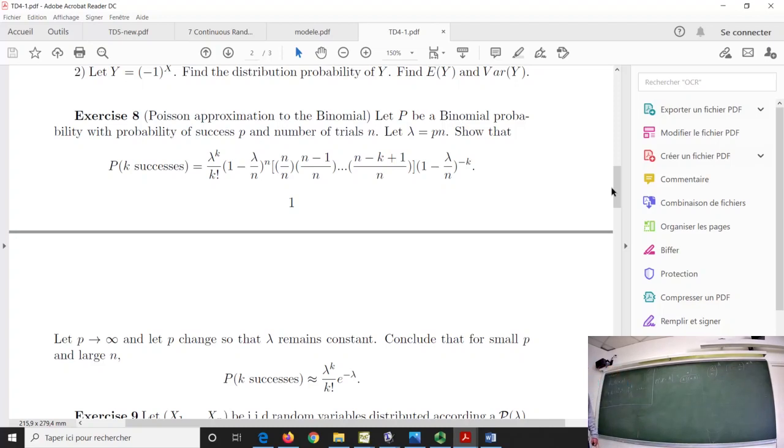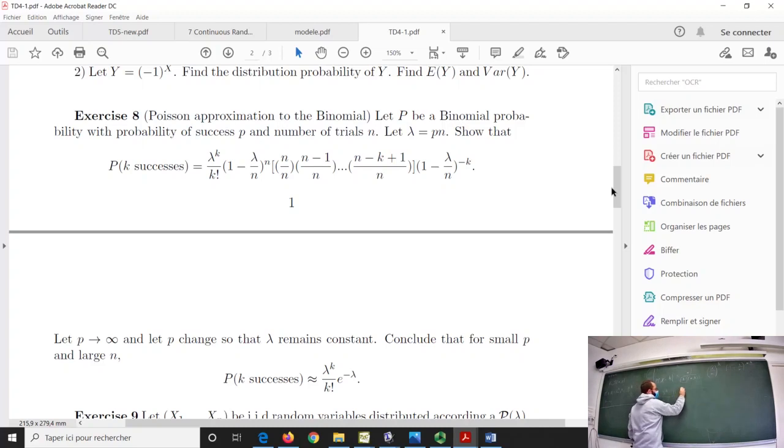For the other ones, okay. If I look at the last term, 1 minus lambda over n to the power minus k, this is this one. So I just copy what I remarked to be exactly what I have in my sums here. Here I have lambda to the power k over k factorial.